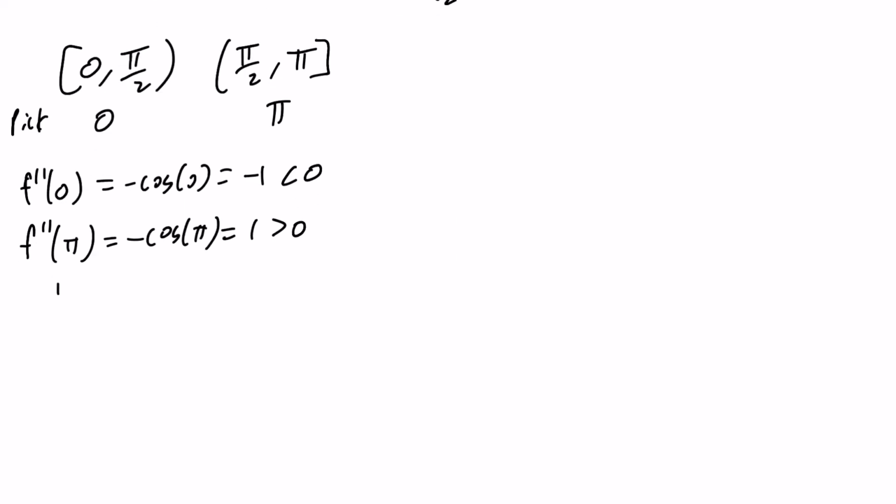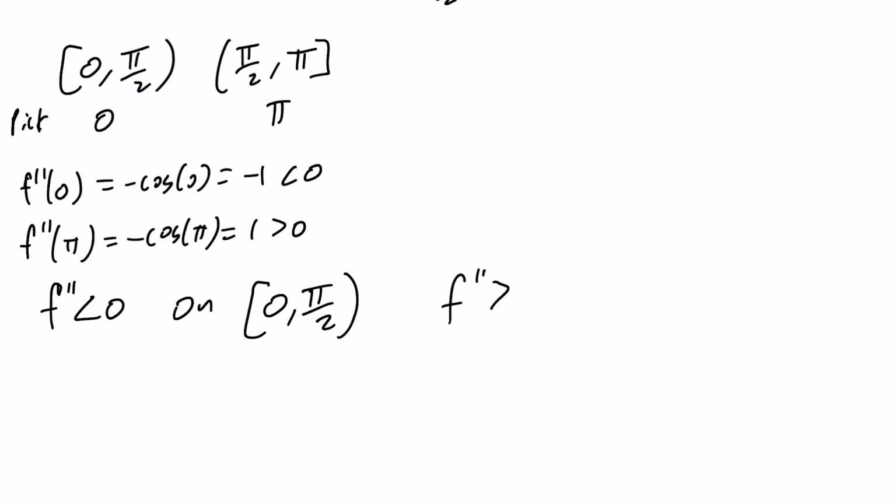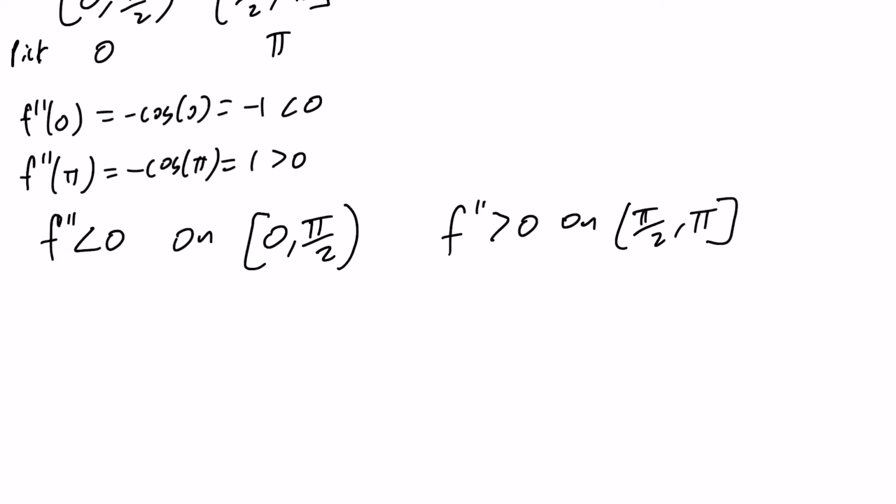And this tells us that f double prime is less than 0 on the interval from 0 to pi over 2, and f double prime is bigger than 0 on the interval from pi over 2 to pi. And that means that we have a point of inflection at pi over 2.